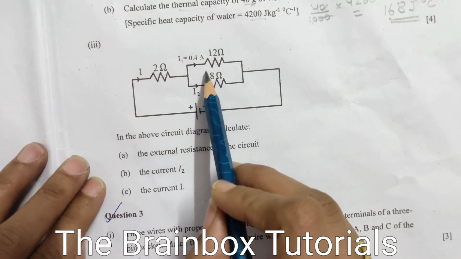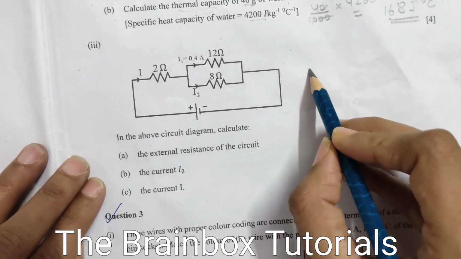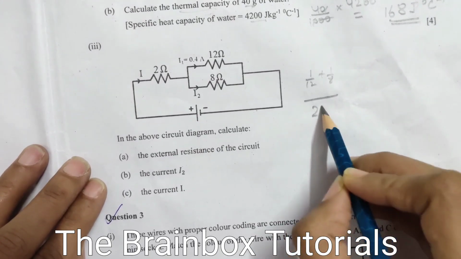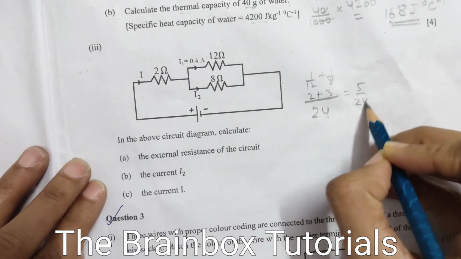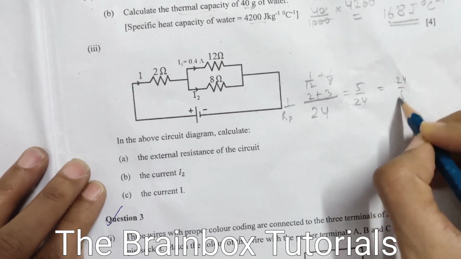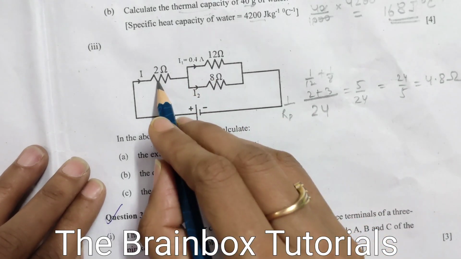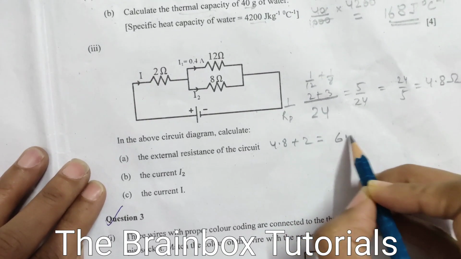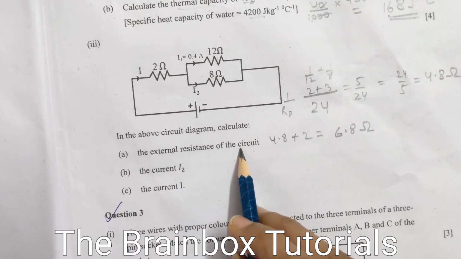So for external resistance, first we will have to calculate the parallel resistance. 1 by 12 plus 1 by 8, that is 5 by 24 is 1 by resistance in parallel, that means 24 by 5, that is 4.8 ohm, and 4.8 plus this 2, so 4.8 plus 2, that is 6.8 ohm is the external resistance of the circuit.